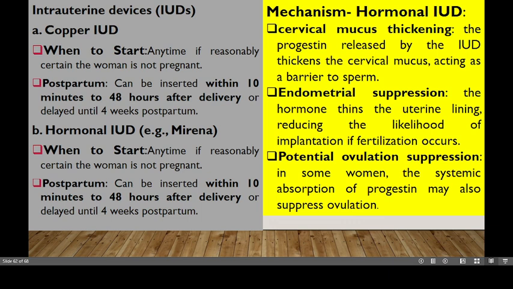So we have the copper IUCD and the hormonal IUCD. Mirena is the example that you need to know. Generally, the mechanism of action for the hormonal IUCD, which is progestin, is majorly cervical mucus thickening, endometrial suppression and potential ovulation suppression.